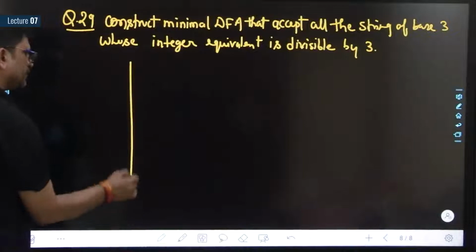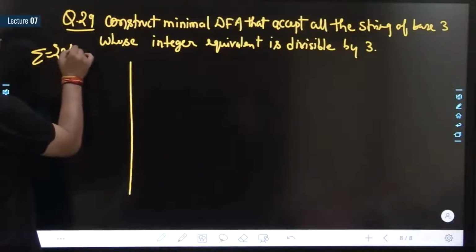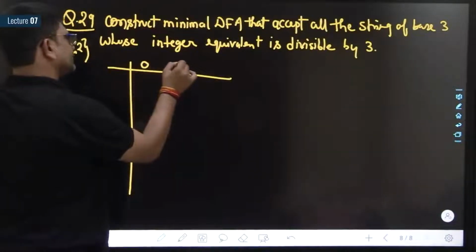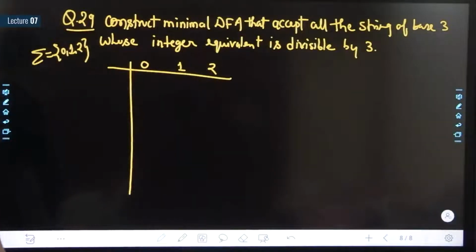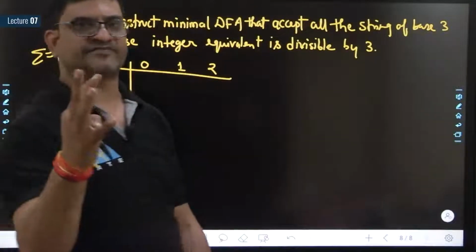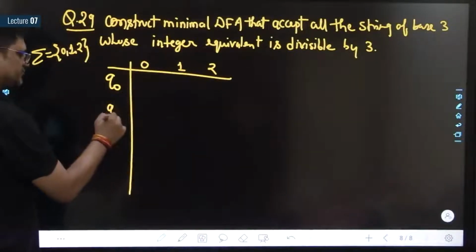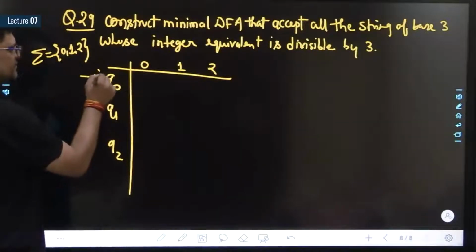So what are the input symbols? 0 1 2. Write the input symbols 0 1 2. How many remainders are possible? 3: 0 1 2. Number of states 3. Which one is final?